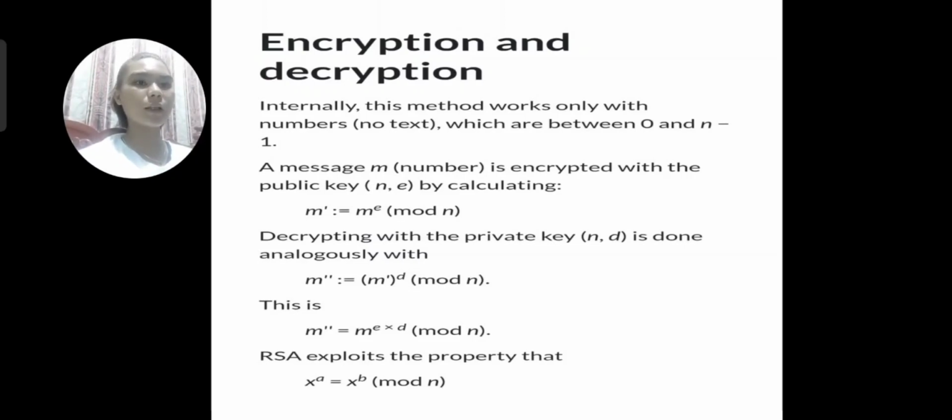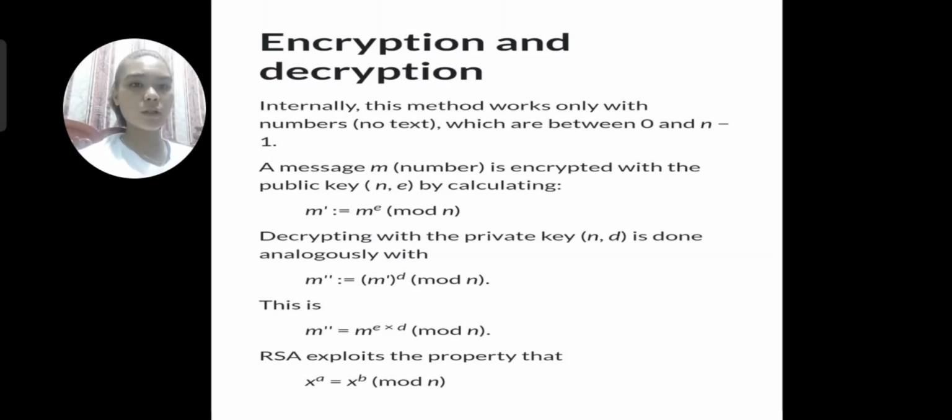Decrypting with the private key n and d is done analogously with m equals c raised to d mod n. This is m equals m raised to e times d mod n.